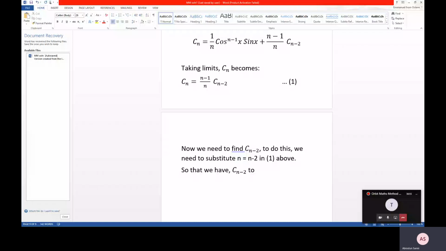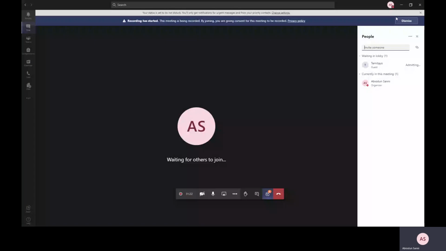Putting n minus 2 to be n here, I will have C(n-2) equals n minus 3 over n minus 2 times C(n-4). So continuing this process.